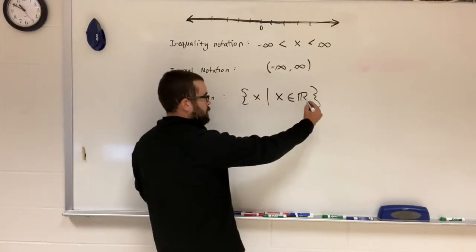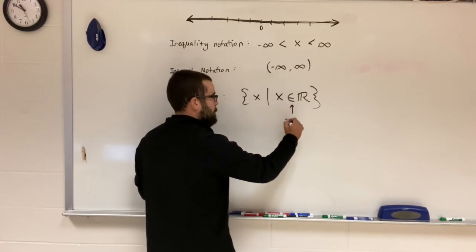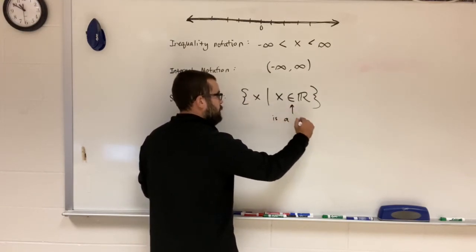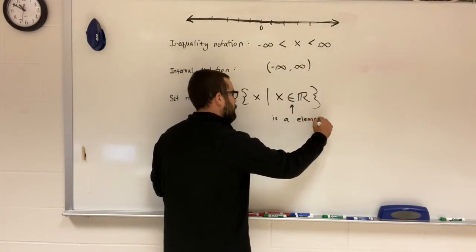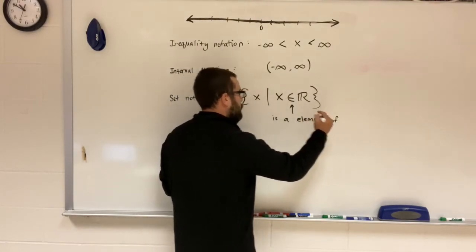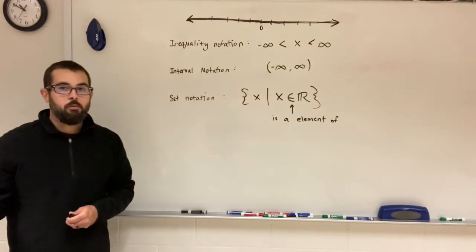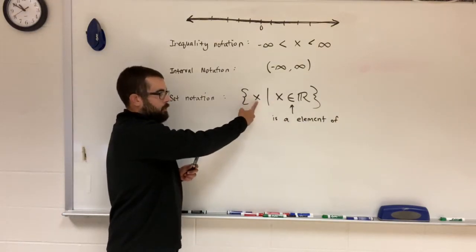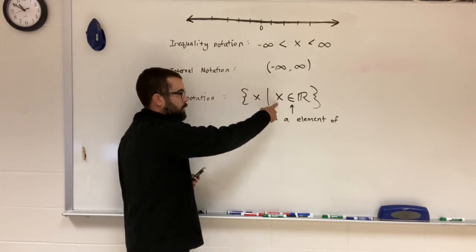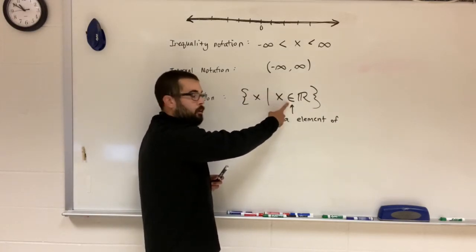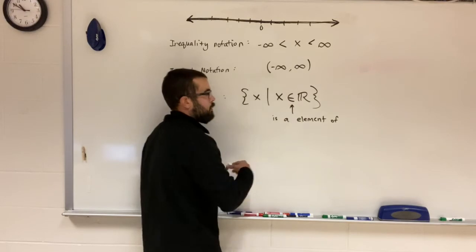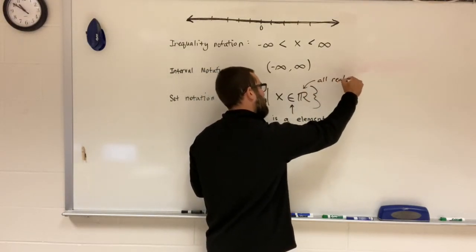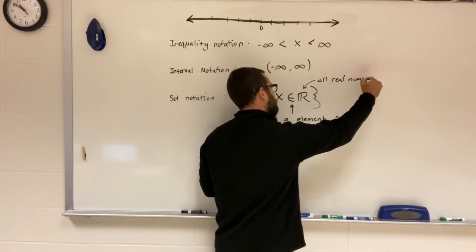So this says x is an element of, or in other words, you might hear the word exists. So it's the set of all x's such that x is an element of, and this R is the all real numbers symbol.